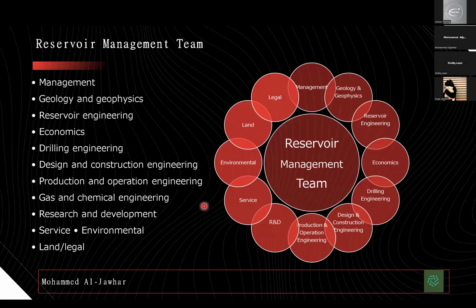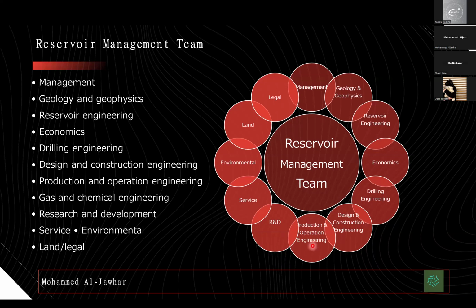So going back again to what the reservoir management team is, you can have all these types and roles inside the reservoir management team. You have to deal with the surface, for instance, the land, which belongs to the economics: how we can define the cost, everything else regarding what you should drill, what you should construct as new facilities, and how you can produce from the reservoir.